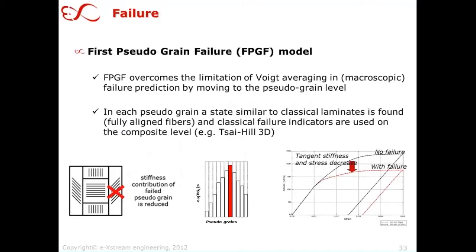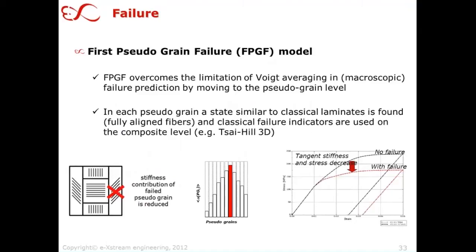For short fibers, in principle, what you need is to know how the failure behaves if the fiber is oriented at a special angle with respect to the load direction.